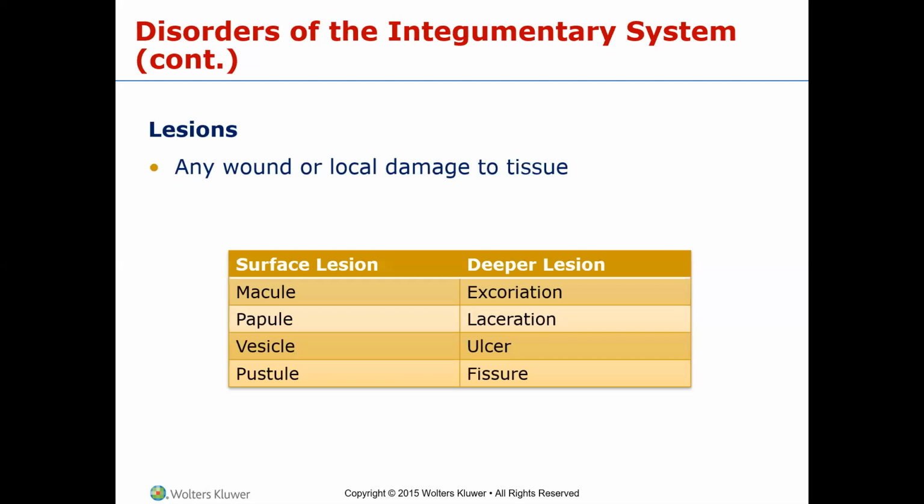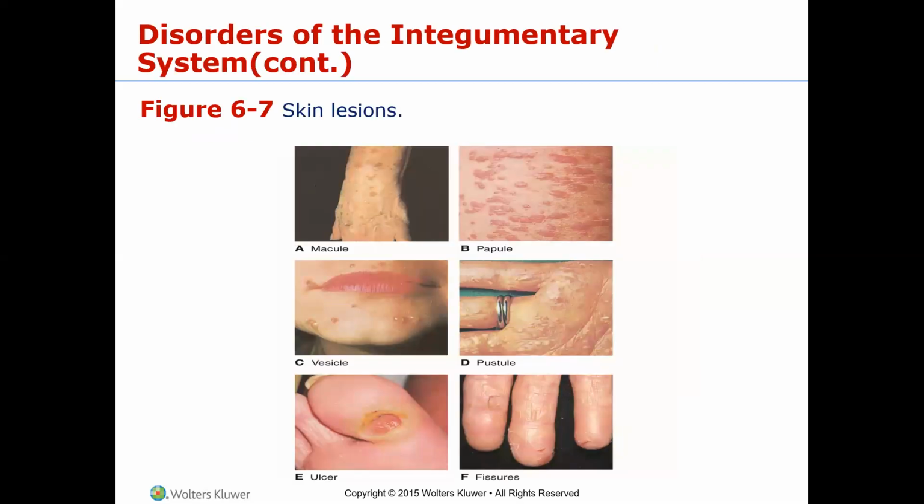A laceration is actually a cut. An ulcer goes down into the dermal layer, and these can be associated with bed sores. So you can have a decubitus with that, and then fissures, which are cracking of the skin. And here are some of the pictures as well, so that you can see that. Fissures with extremely dry skin, pustules, papules, etc.